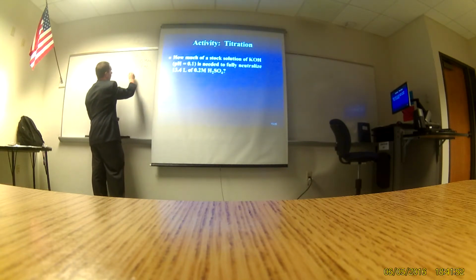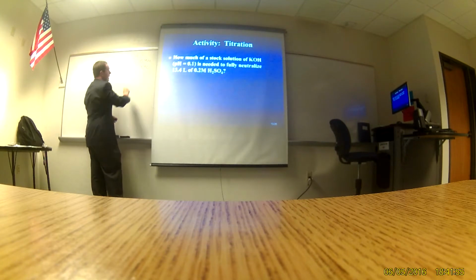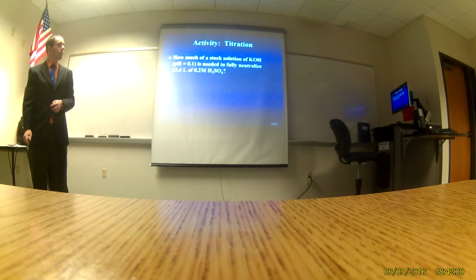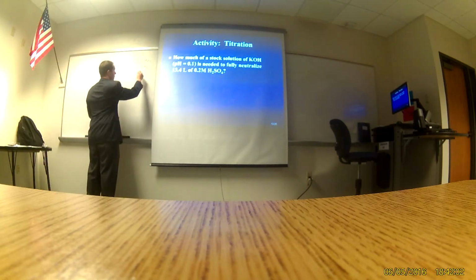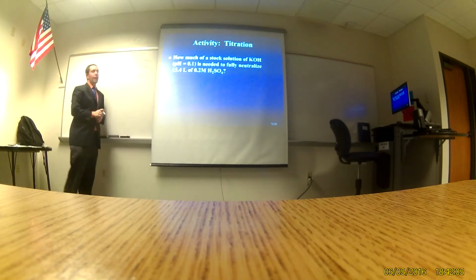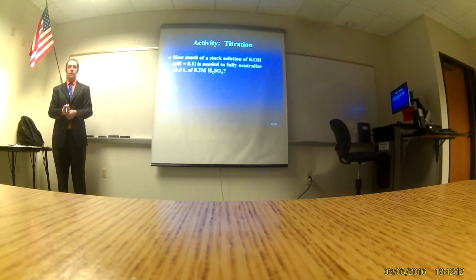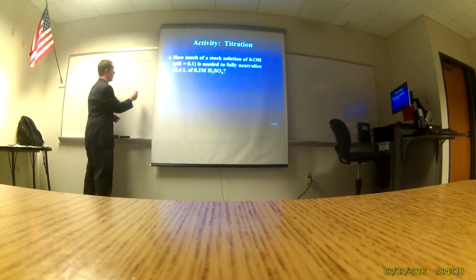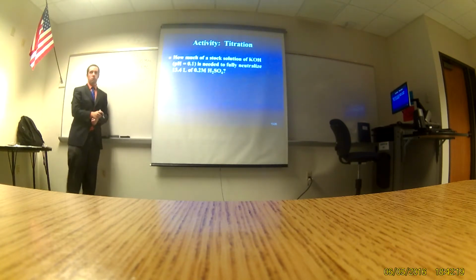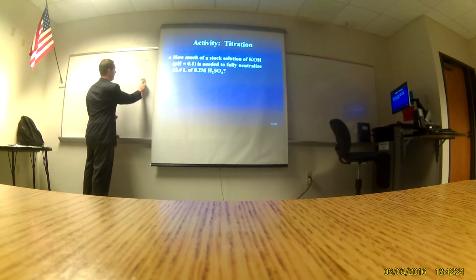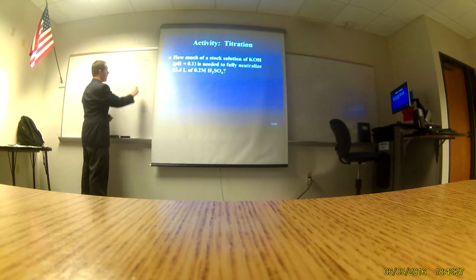So then I have to have C2. What is C2? We're given a pH of 0.1. We cannot use the pH. We need the H3O plus concentration. Use the 10 to the negative pH. That is 10 to the negative 1. I don't know what I'm doing. That's our pH.